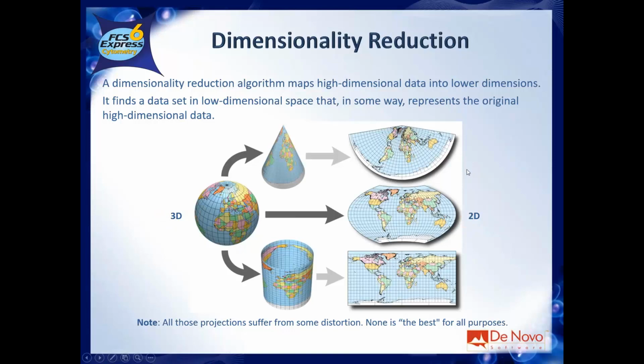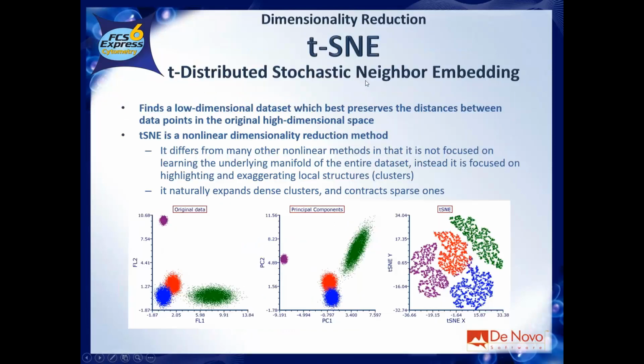And this is what tSNE is doing. tSNE tries to find a low dimensional dataset that best preserves the distance between the data points in the original high dimensional dataset.